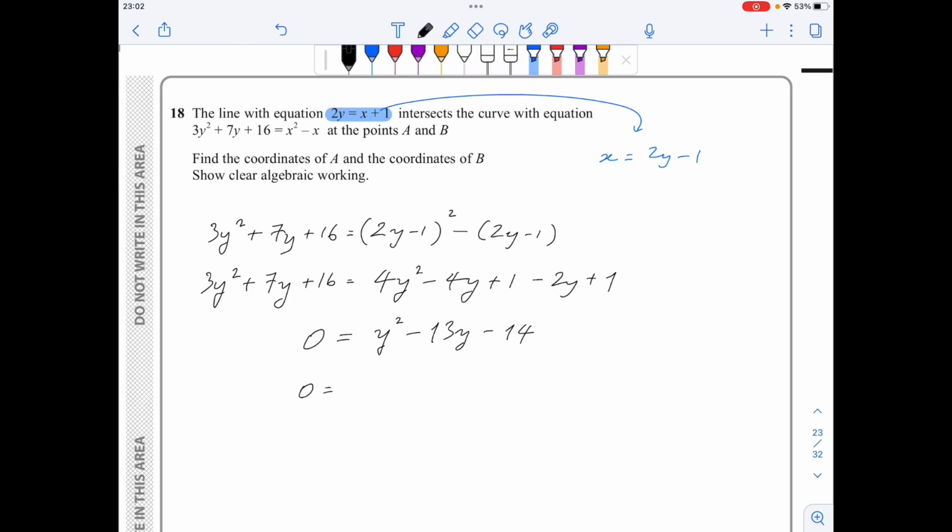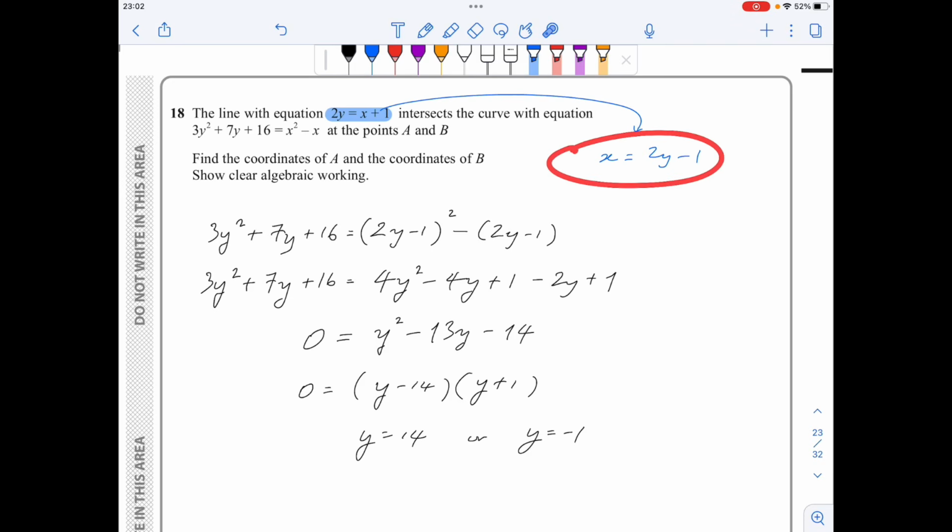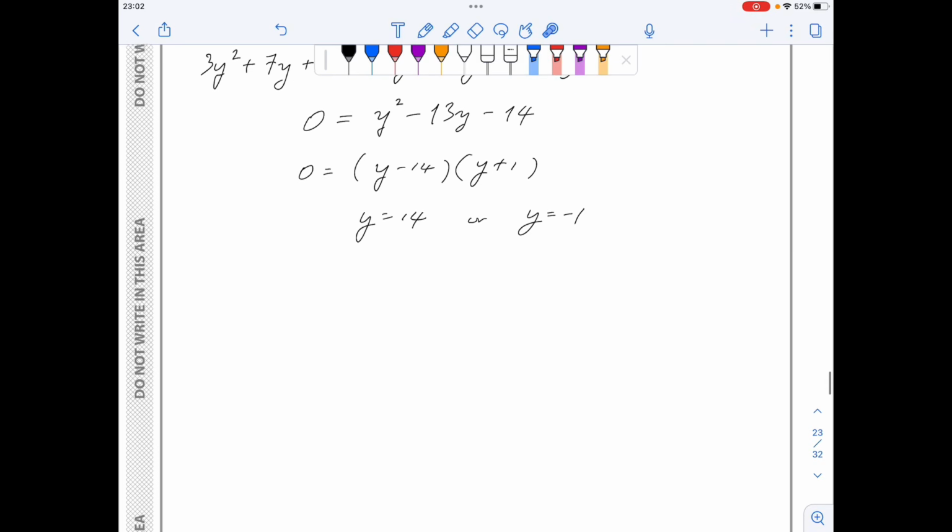If I factorize, I'll get y minus 14 times y plus 1. So the y values I get are 14 or minus 1. And now I'm going to substitute these into this blue equation to get the x values.